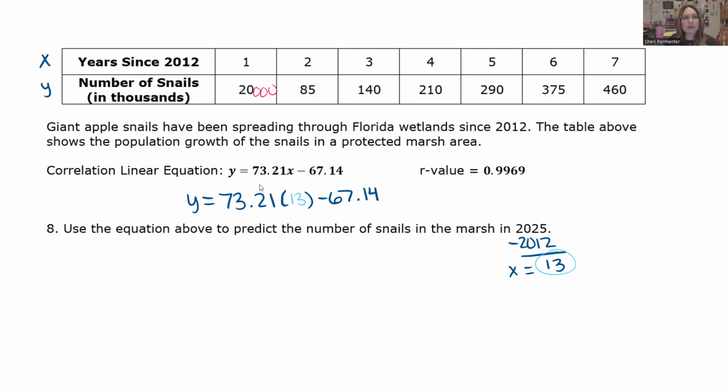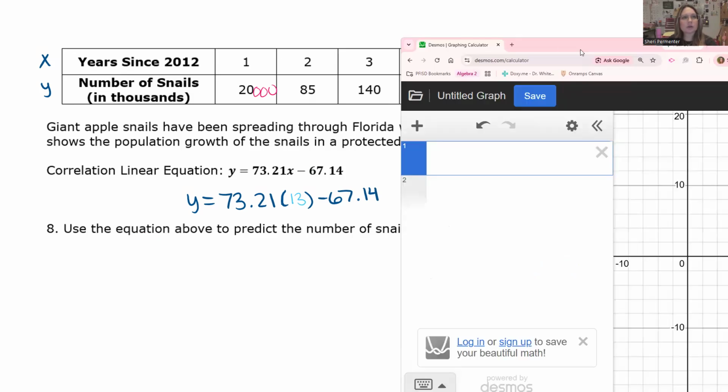All right, I'm going to type that into my calculator or type it into Desmos. I don't really care which one that you do. It's easier for me to show you on Desmos, so I'm going to show it right here. 73.21. You can even use parentheses to type in 13 minus 67.14. All right.